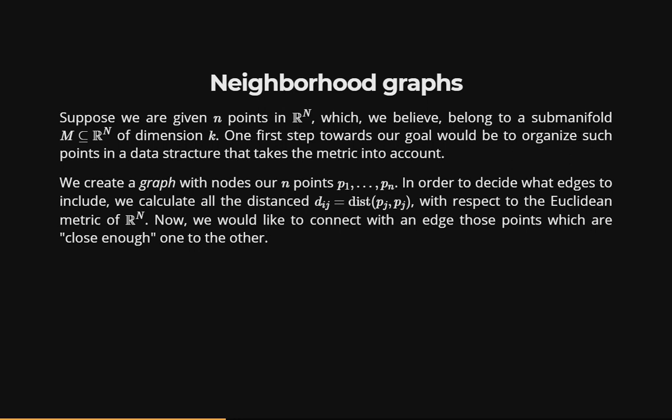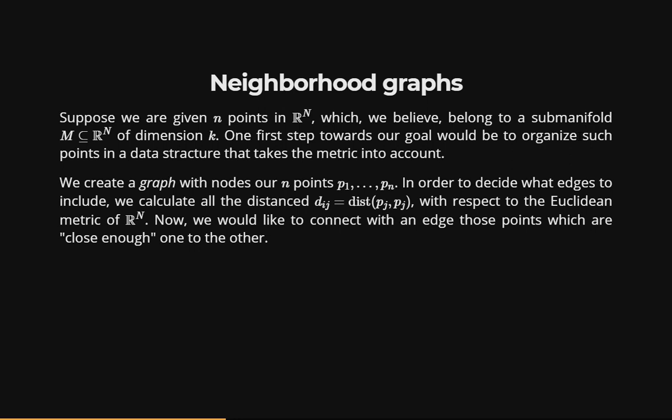Close enough because if we look really close to a point, the Euclidean distance is the same as the distance on the manifold, because the manifold is almost locally flat. Okay? For example, take normal coordinates and it's flat to the second order in those coordinates.